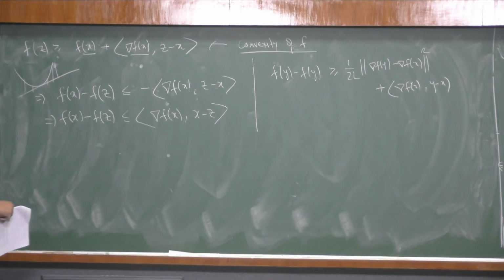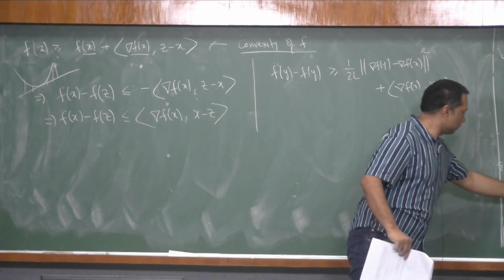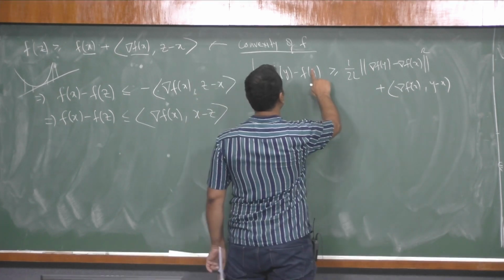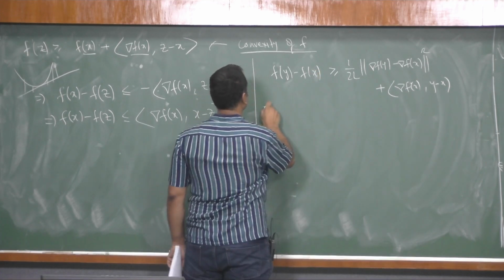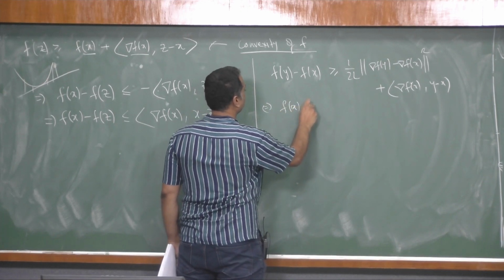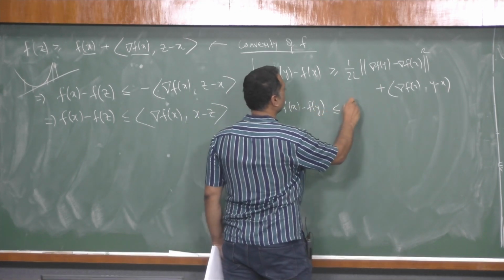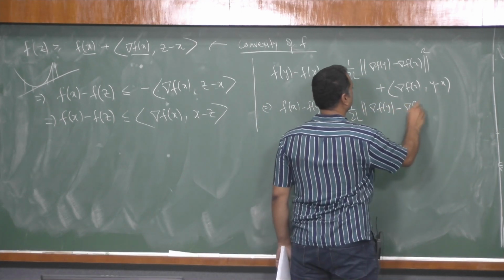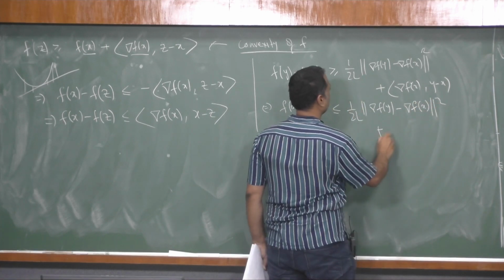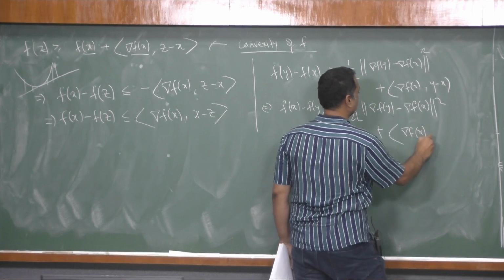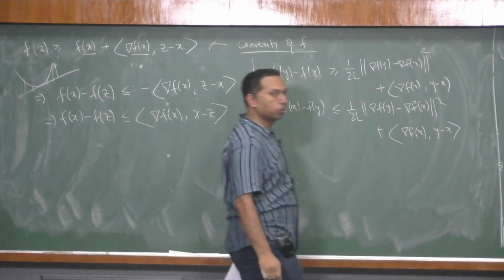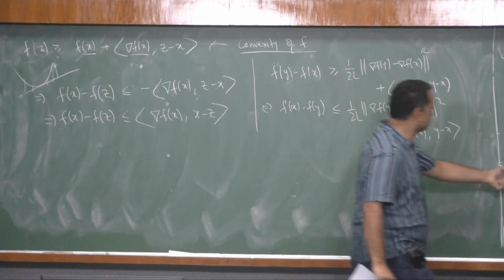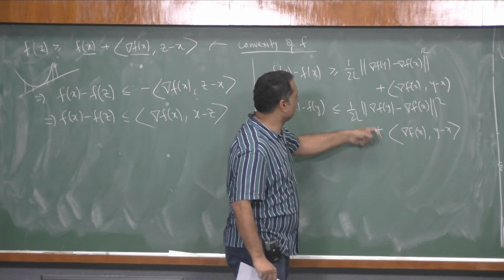And if I apply the negative, I'm just trying to relate to this, right? So we started with this. If I apply the negative of that, we had f(y) minus f(x) here, and this is the same thing as saying f(x) minus f(y) is less than or equal to negative 1 by 2L norm of grad f(y) minus grad f(x) squared plus grad f(x) times (y minus x). I wrote this just to see where I'm going, right? I started with this, so perhaps I'm going to reduce to these two terms, right?